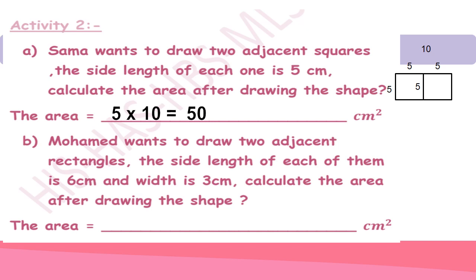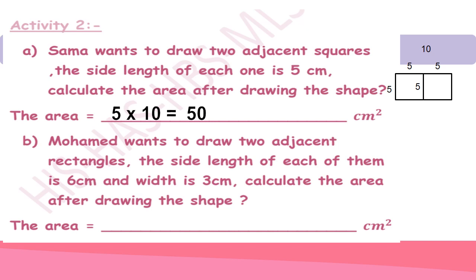Again, when I draw this shape, it makes a rectangle, not a square anymore. So I can use the rule of a rectangle, which is length by width. Length is the longer side, which is 10, and width is the shorter side, which is 5. 5 by 10 equals 50.